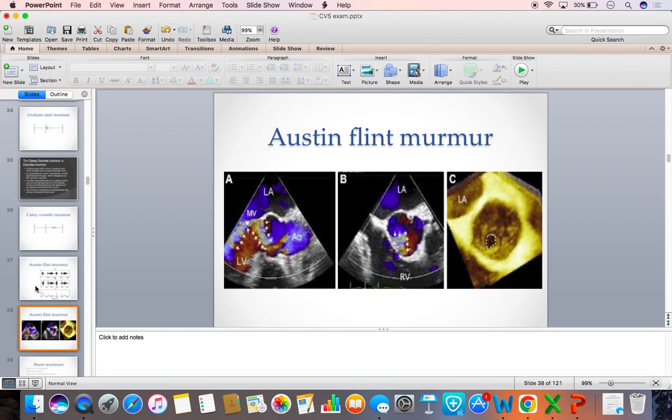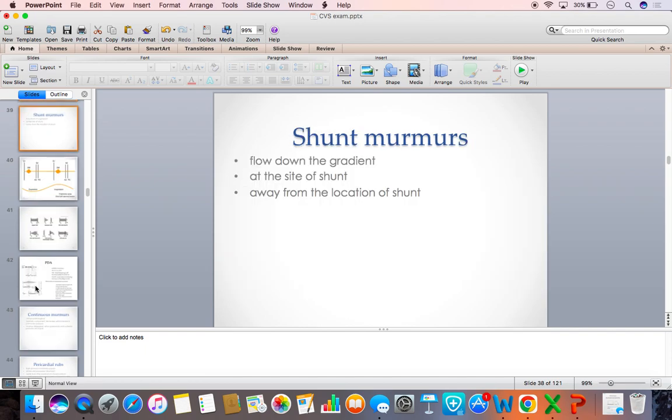This is the echocardiography. You can see the jet of aortic regurgitation, and there is narrowing of the mitral valve.